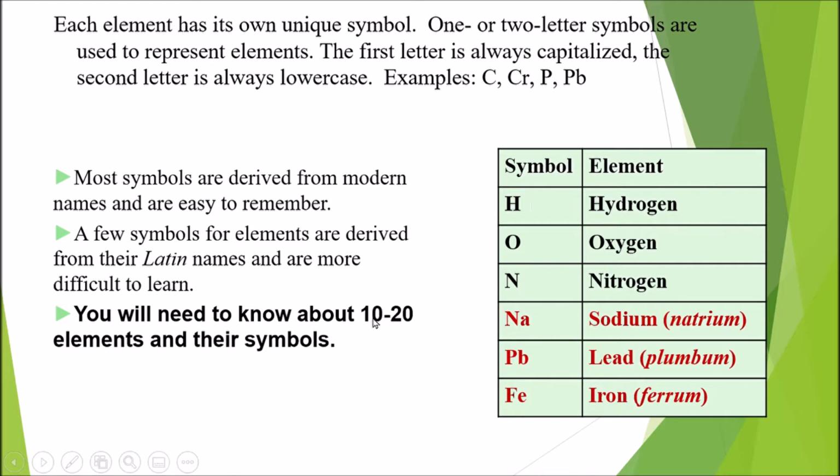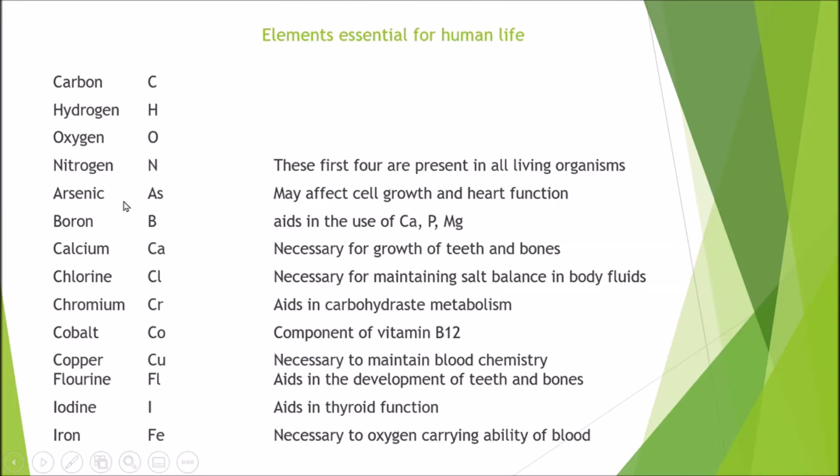In your chemistry career, it's going to be helpful to know about 10 to 20 of them. We'll go over what those ones are later. As you can see from this list, there are some important ones to know.